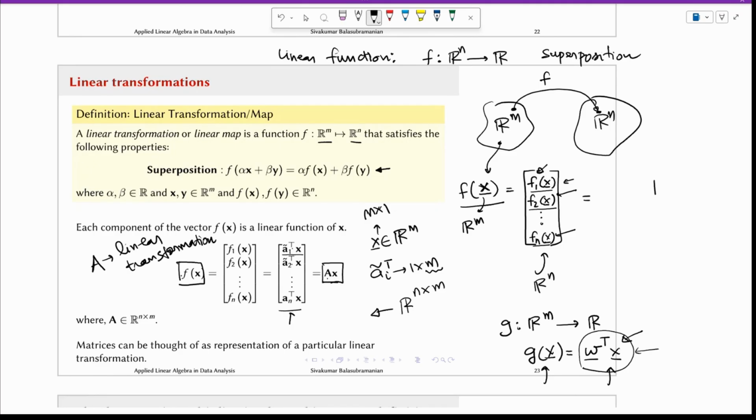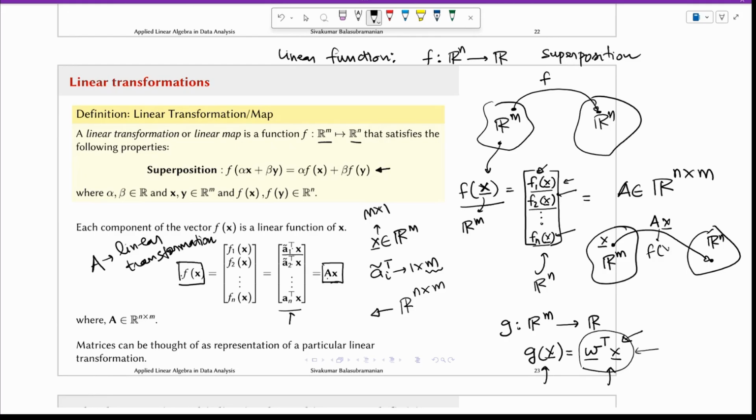That means if you have a matrix that is n cross m, this matrix A can be used to take elements from Rm to produce elements in Rn. If this is X, you can produce an element in Rn by doing A into X. And this Ax will represent some linear transformation.